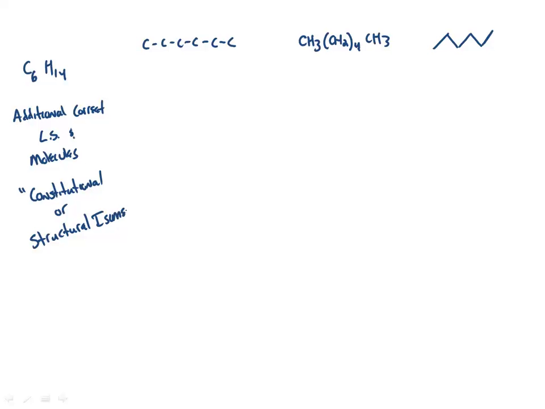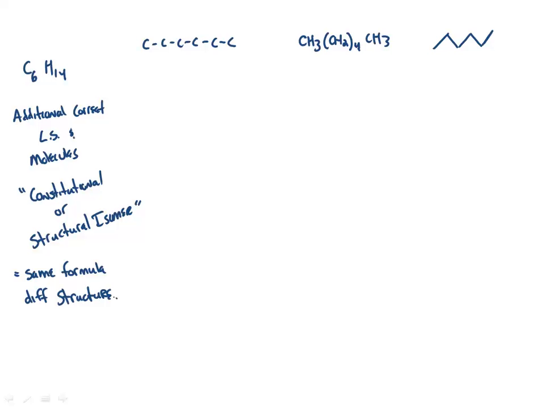Now we're going to go into a little bit more detail later on, but I want you to have this in the back of your mind. It basically means it has the same formula, but a different structure. And we'll find that this idea of isomers, things that have similar formulas but different structures, is a recurring theme. So in this chapter, we'll talk about constitutional or structural isomers.